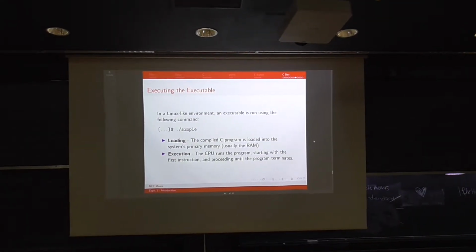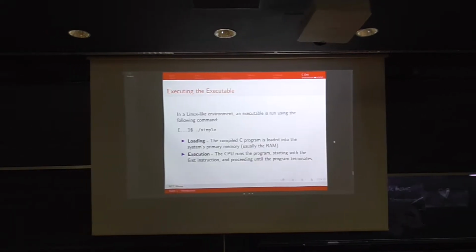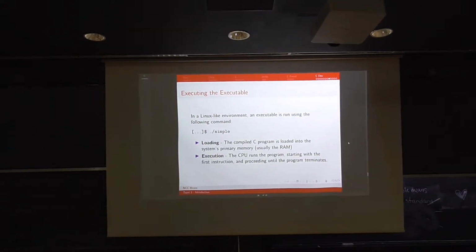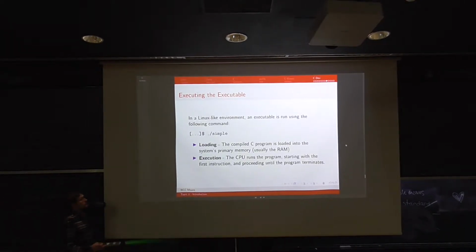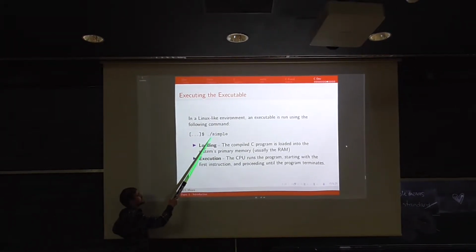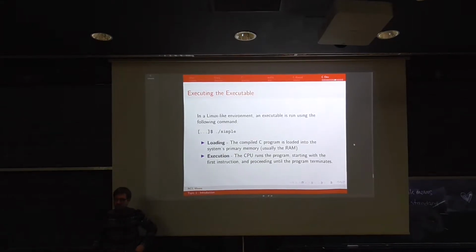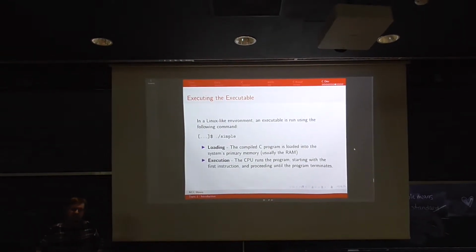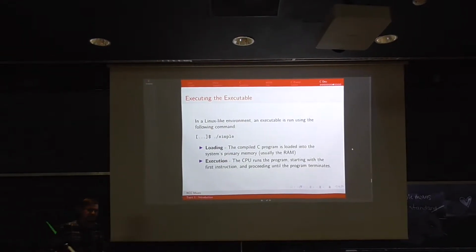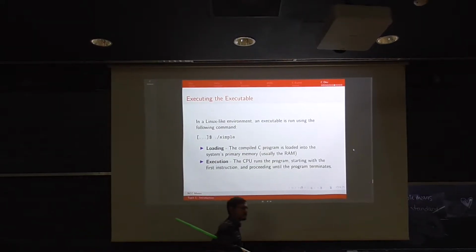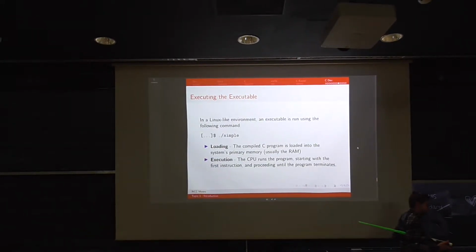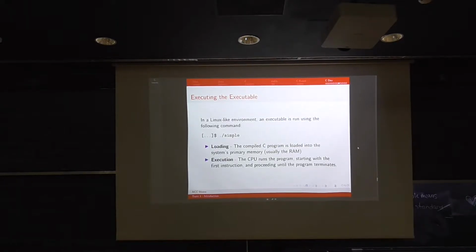So, in Linux-like environments, an executable is run using the following command: ./ and then the name of the executable. If you're in a hated GUI environment, you run an executable typically by double-clicking on it.